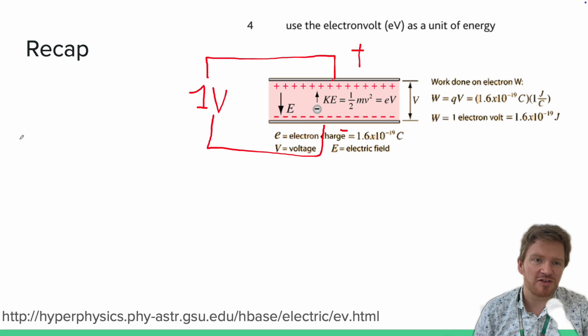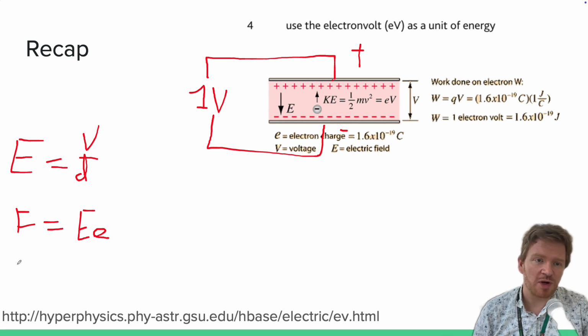It's going to create an electric field of value E, which will be V over D, and then I can say that the force on that electron will be EQ, E times the charge on the electron. Now, if I'm dealing with an actual electron, I can say that the charge on the electron is e.